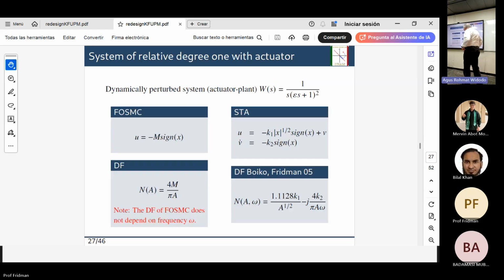So you see, this is a standard relay controller, and here is the so-called super twisting controller, because when we designed it, Professor Leonid was young, twisting. So it's called super twisting. And you see, it is PI.